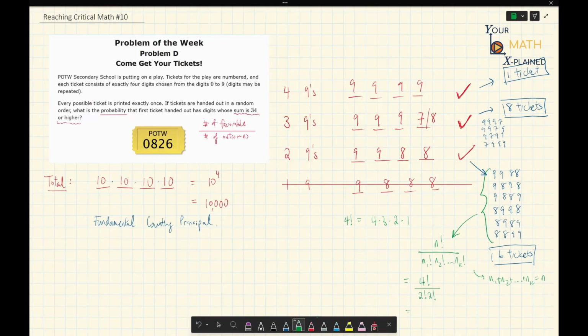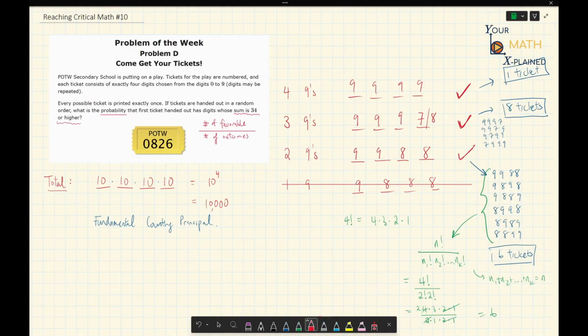And if we were to simplify, that would be 4 times 3 times 2 times 1 on top, based on the factorial notation that we just saw. And on the bottom, I got 2 times 1 times 2 times 1. And we can see some cancellation. And that's going to leave us with 6 tickets. So this is another way that we can count the number of tickets with repeated objects.